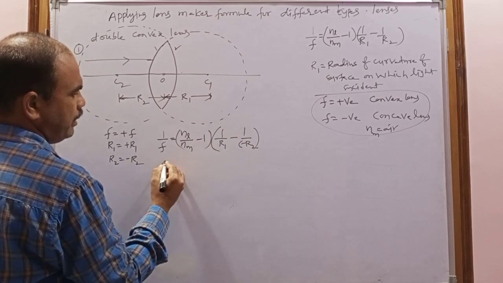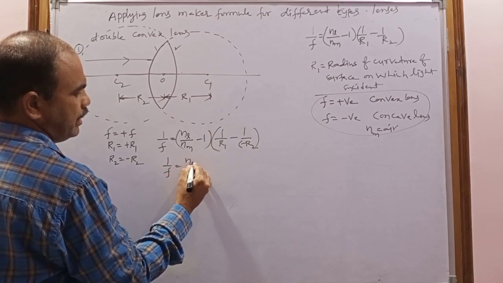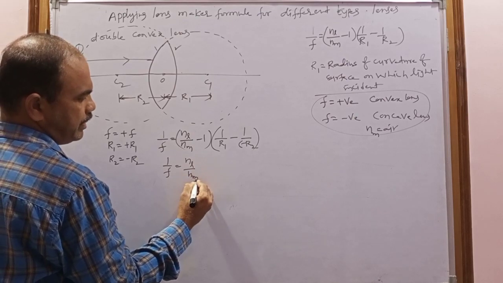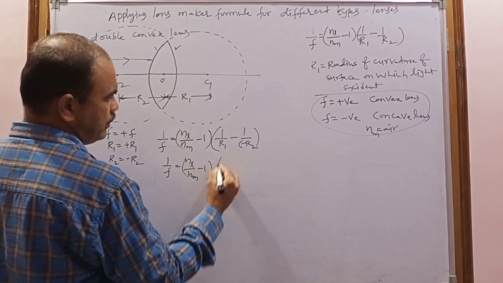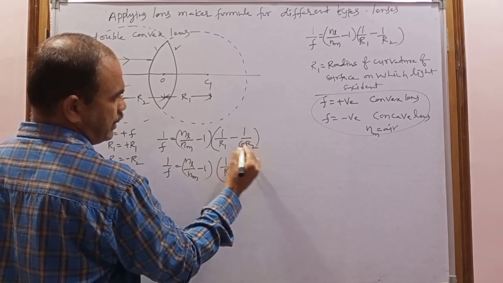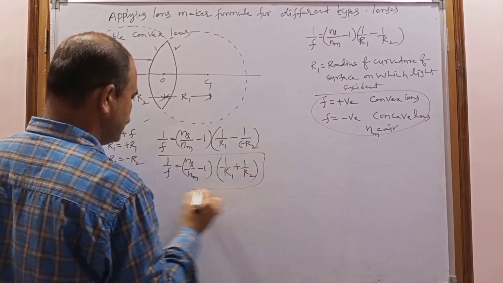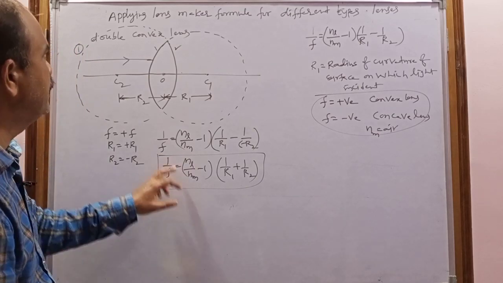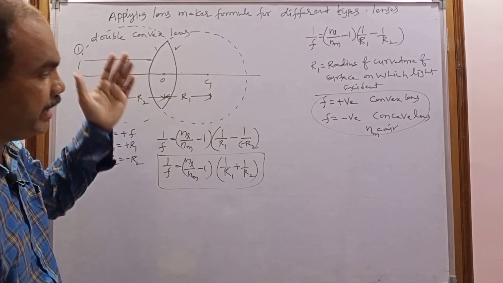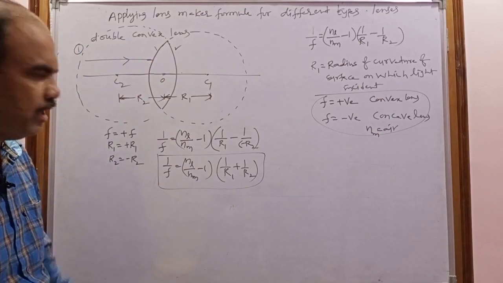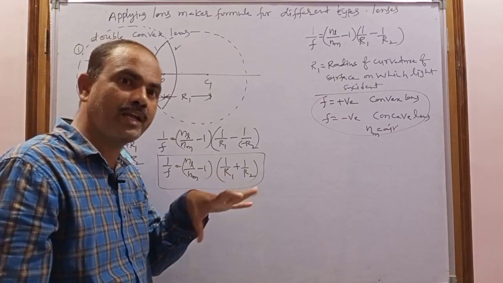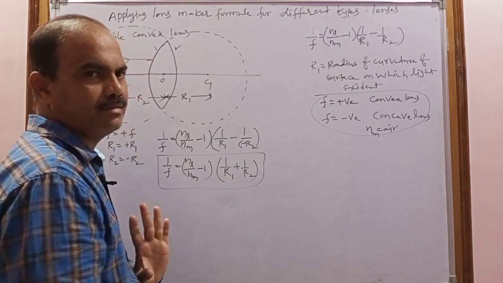So 1 by f equals n_L by n_m minus 1, into 1 by R1 plus 1 by R2. This is the lens maker formula for a double convex lens after applying the sign convention. Now in this formula you can substitute R1 and R2 values directly.